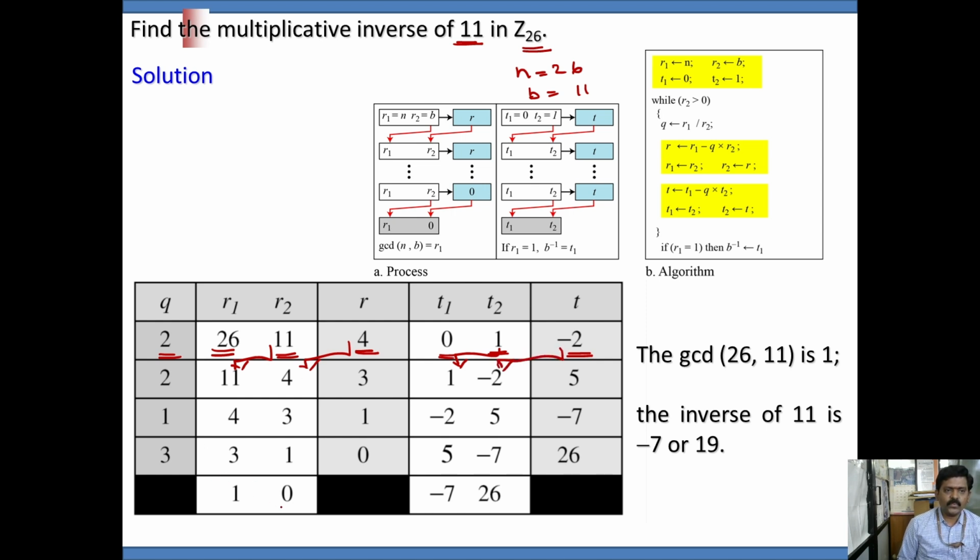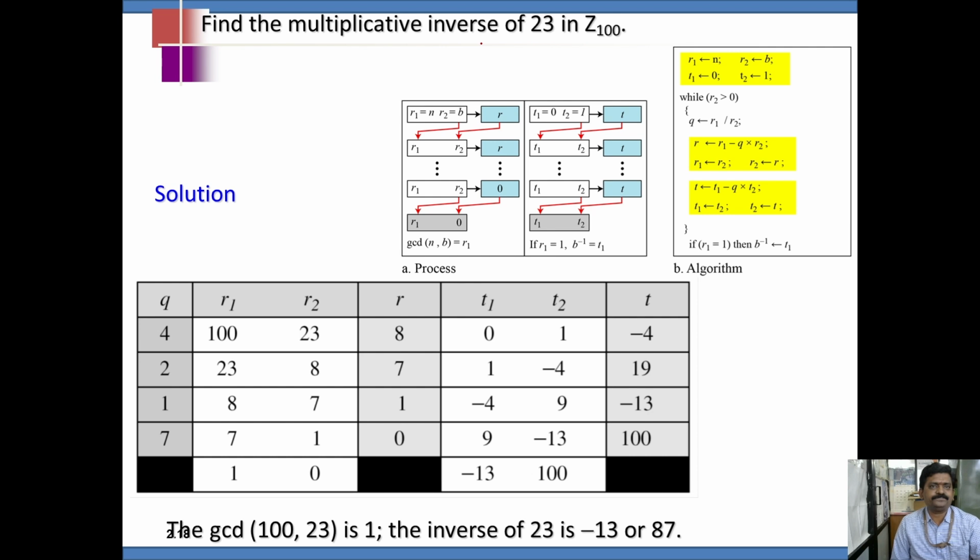The moment we get the remainder as 0 and the GCD value as 1, we have the multiplicative inverse of 11 as minus 7. Either we consider minus 7 or 26 minus 7, that is 19, as the multiplicative inverse of 11 in Z26.